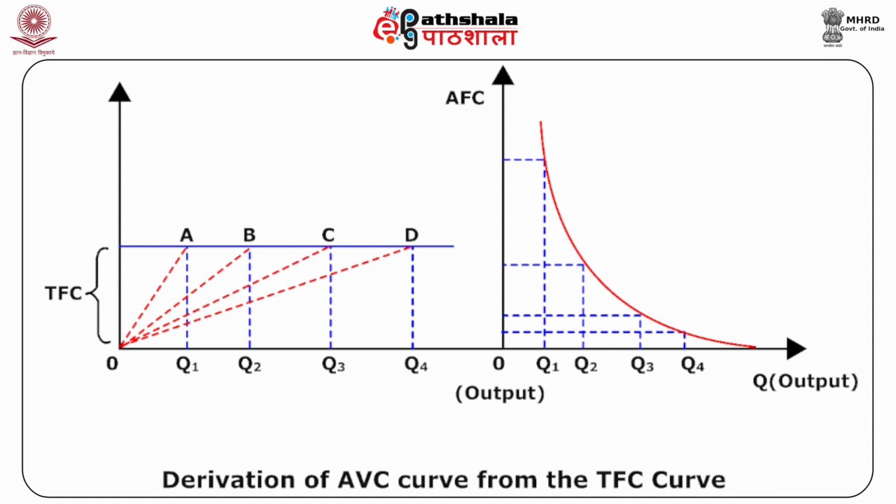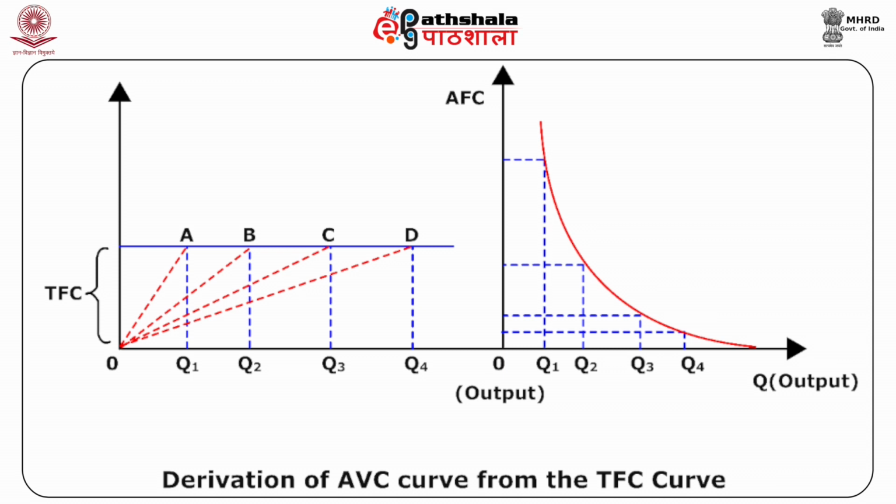For the individual levels of output Q1, Q2, Q3 and Q4, the average fixed cost starts from a higher level and progressively goes down. Now, this has to happen in a certain manner.